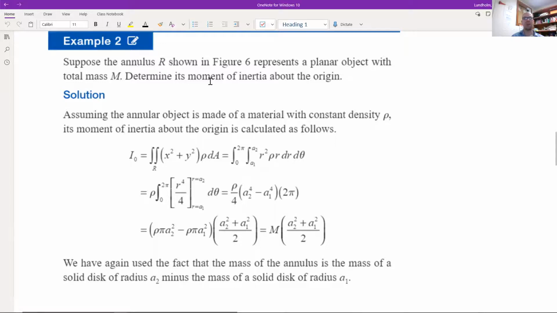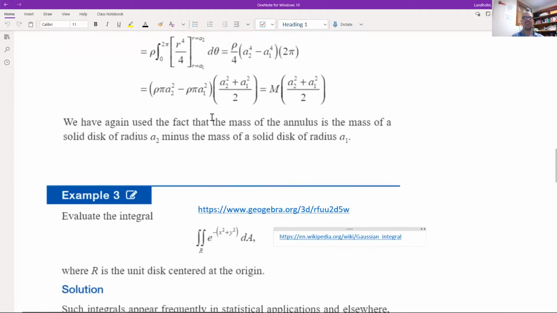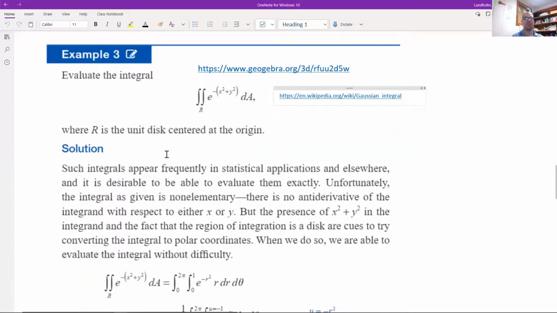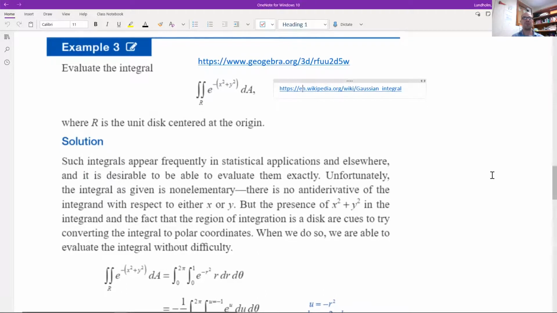Here we're finding the moment of inertia around the origin. Yay. But that is a useful thing about what we're learning today, if you're into moments.